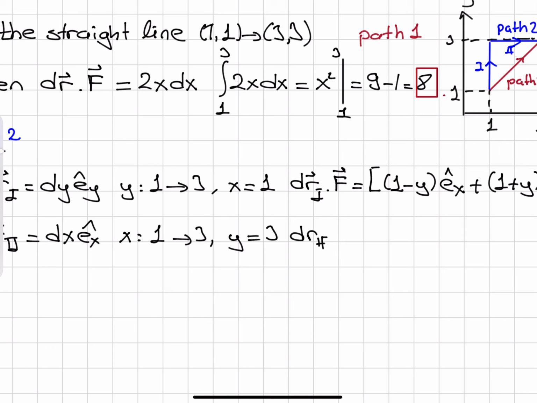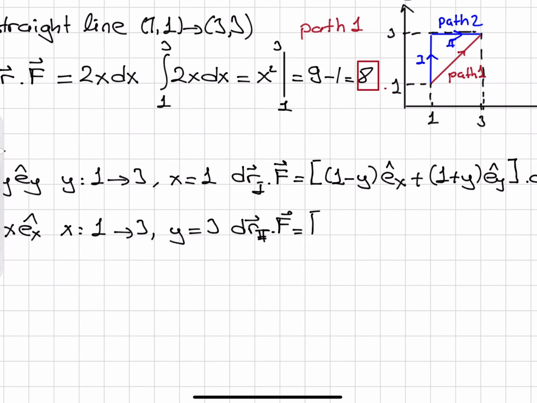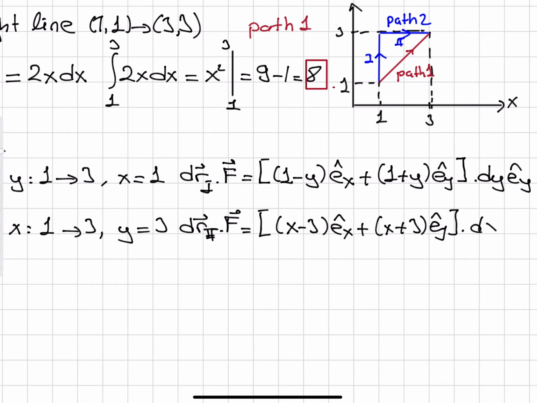So the dr2 dot product with F will give me (x minus y), which is (x minus 3) ex hat, and (x plus y), so (x plus 3) ey hat, dot product with dx ex hat.